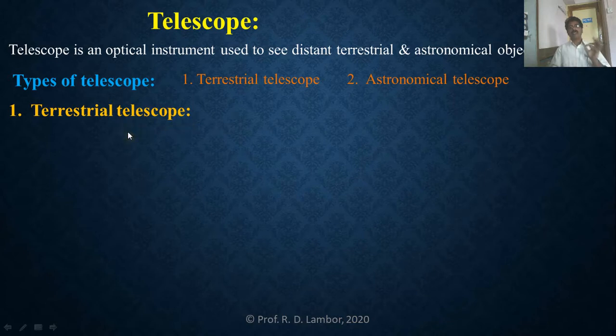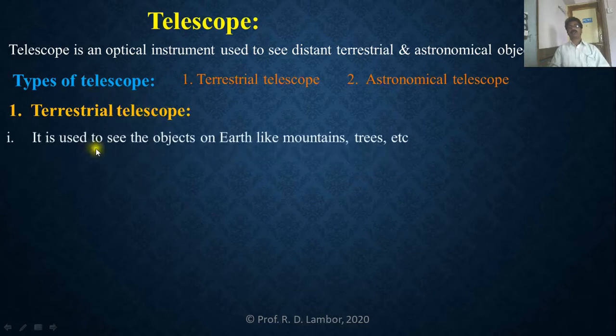This terrestrial telescope is used to see distant objects but on the earth surface. मग अर्थ सरफेस वर जे माउंटन्स असतात, ट्रीज असतात, डिफरंट टॉवर्स असतात, that is towers, mountains or trees or houses, in order to see them clearly we are using terrestrial telescope.